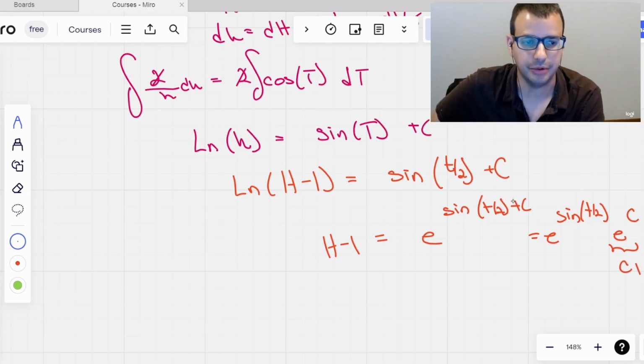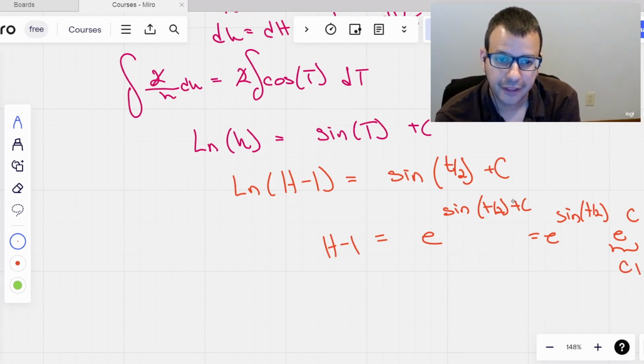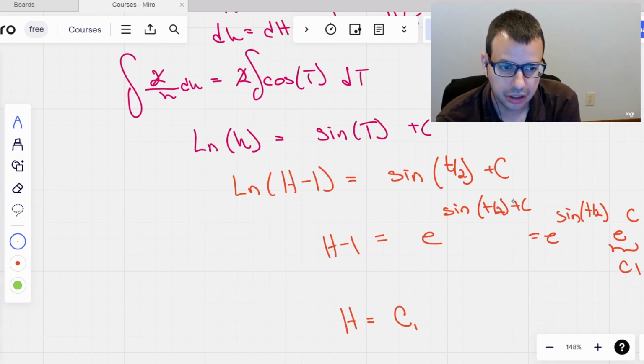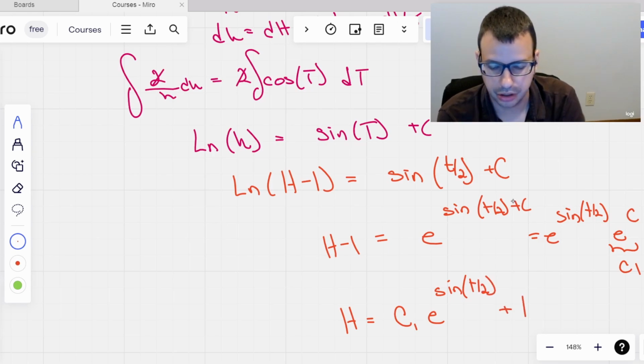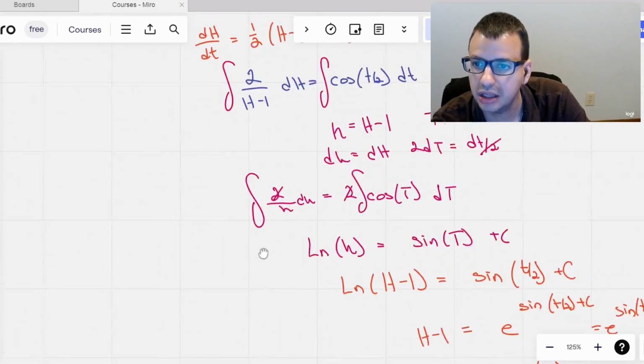It's just a different constant. So we're going to have h equals c1 e to the sine of t over 2 plus 1.